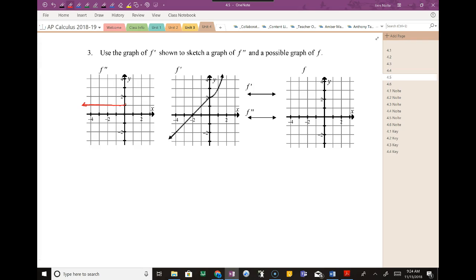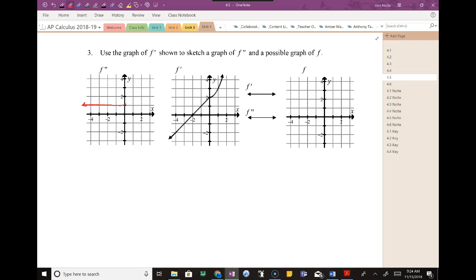Yeah, the further away I get from the x value of 0, it gets higher and higher. Also, what would be a maybe equation for this little side? X squared, right?